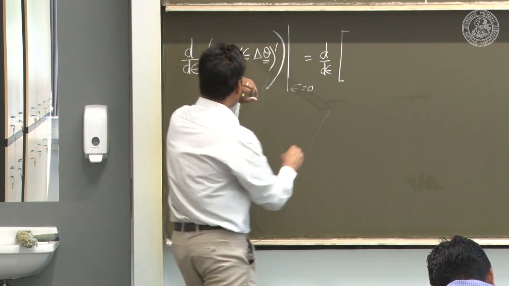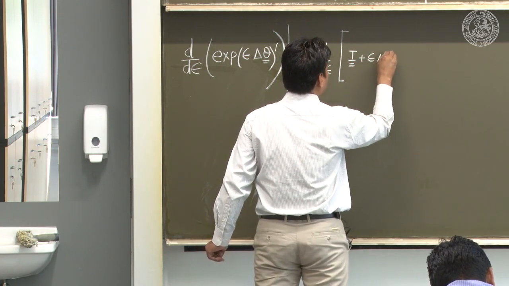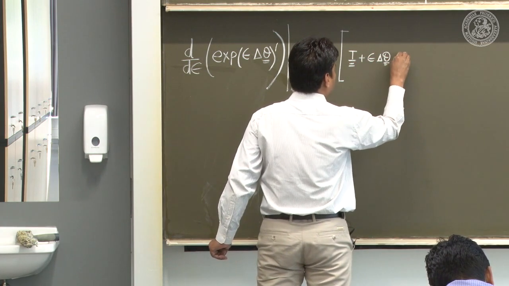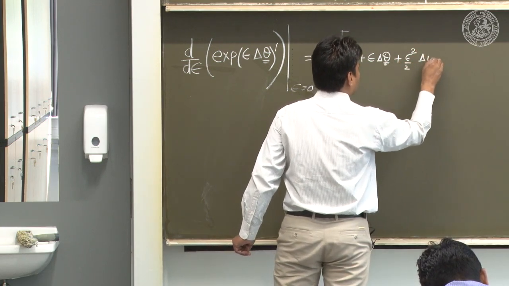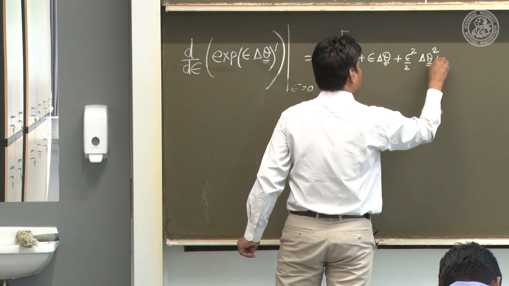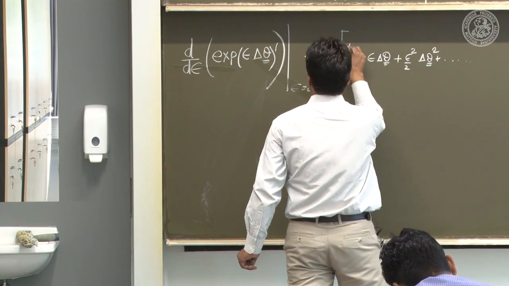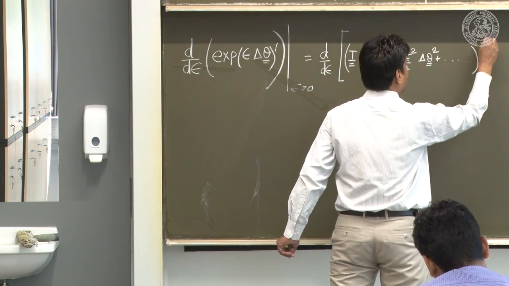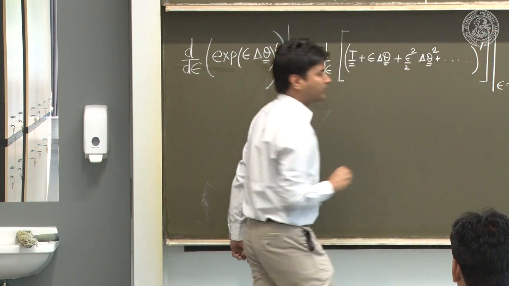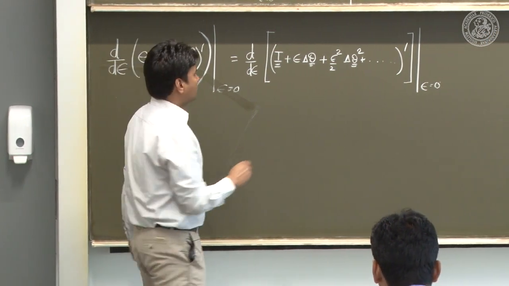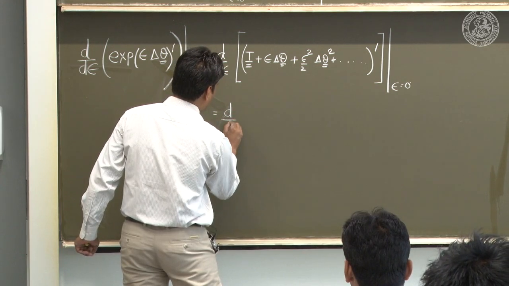Let's do the Taylor expansion: I plus epsilon delta theta plus epsilon square over 2 delta theta square, and we have to take its prime and then evaluate at epsilon equal to 0. So when you take the prime, this becomes d by d epsilon.